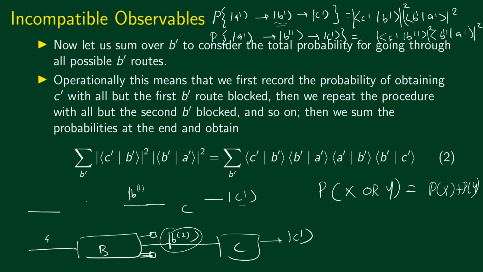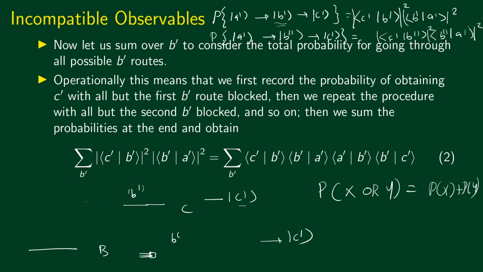So now let us sum over B prime to consider the total probability for going through all possible B prime routes. Operationally this means that we first record the probability of obtaining the eigenvalue C prime with all but the first B prime route blocked. This means that only the first B prime route is allowed in the first experiment. And we repeat the procedure with all but the second B prime blocked, carrying out the experiment a large number of times.